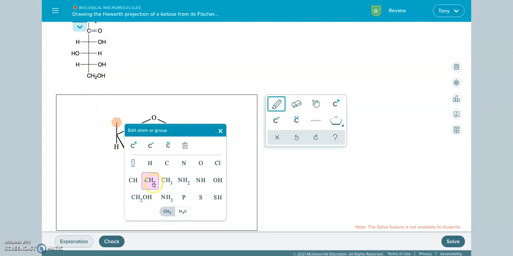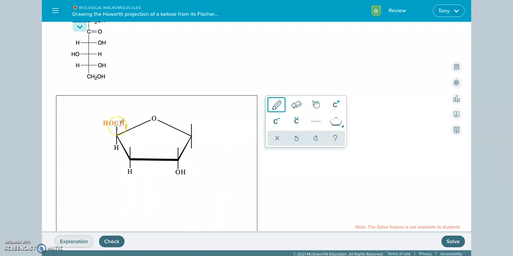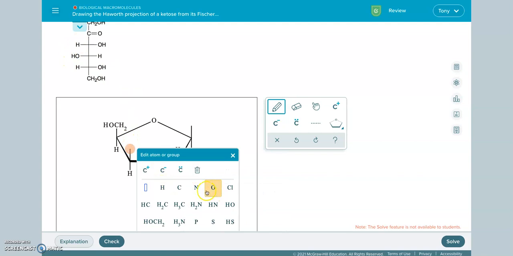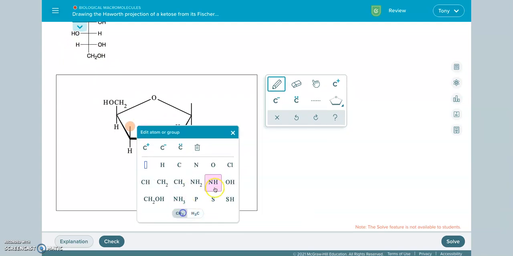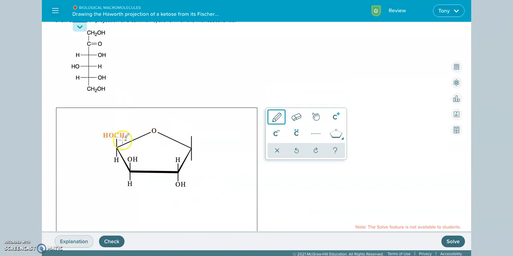Then that makes this that CH2OH. Again, I like using this one. And then we can go back and fill in our top, so this is going to be a hydrogen right from here. This is going to be that OH. And let's flip it this way. That looks a little bit nicer. And yeah, so that's sort of the main portion for this down here.